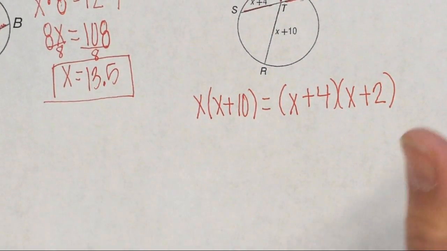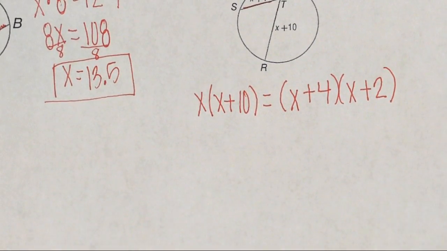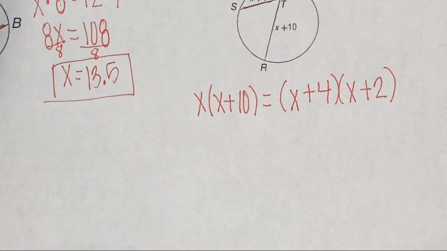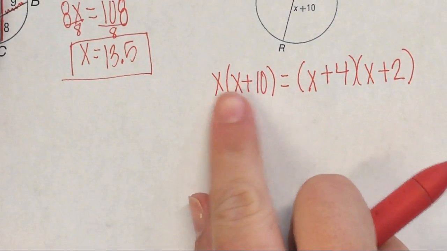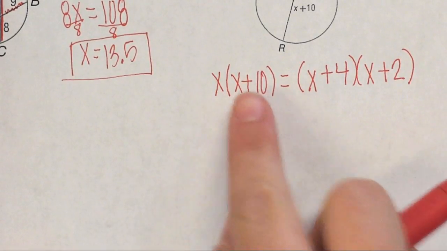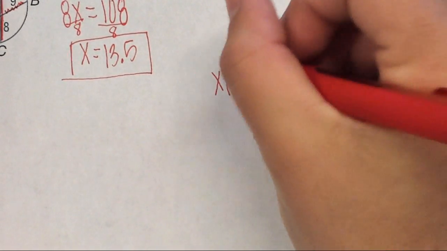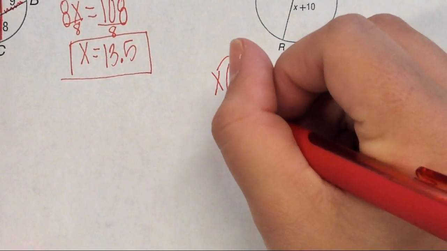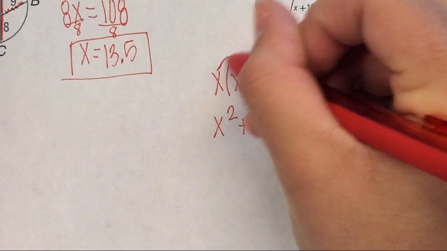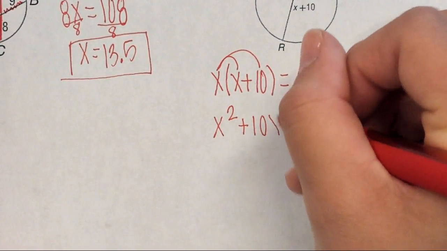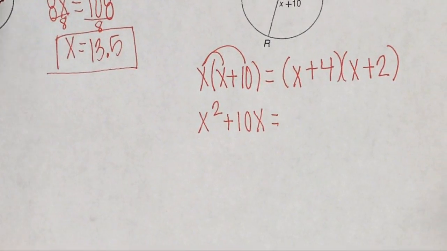Now, this is just an algebra problem from here. Setting it up is the geometry, algebra from here. So what do I have? What's it called right here? What do I do? Distributive property. So this becomes X times X, which is X squared, plus X times 10, which is 10X, equals, do you remember FOIL?